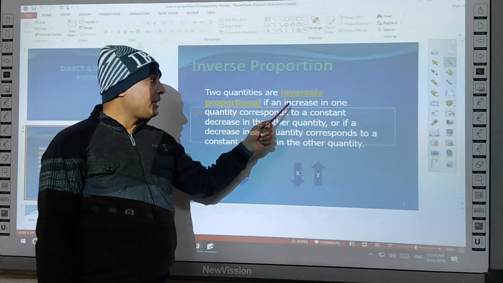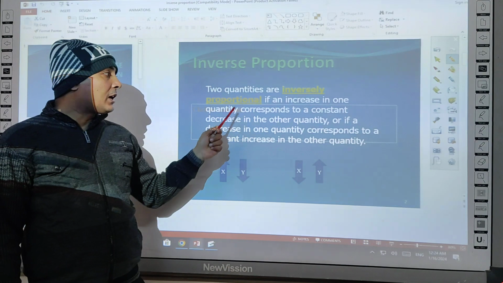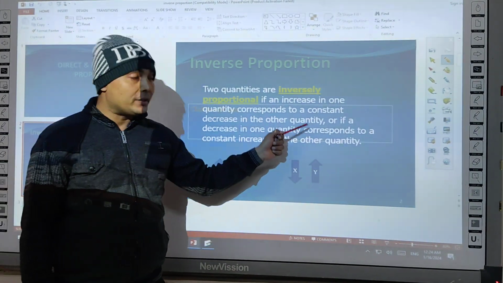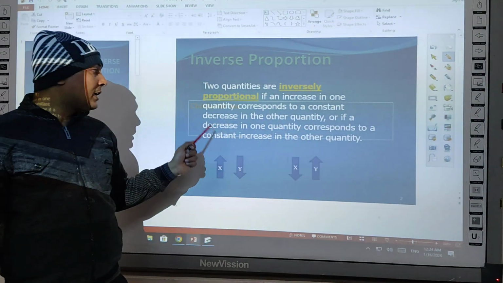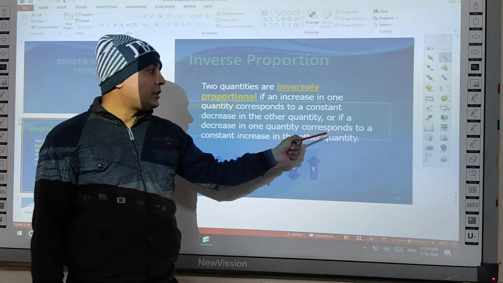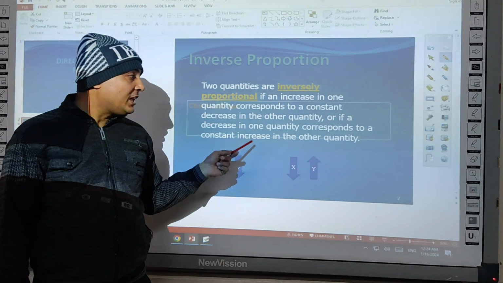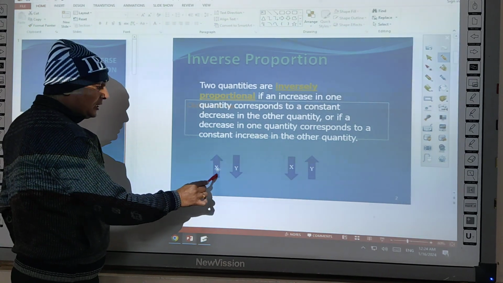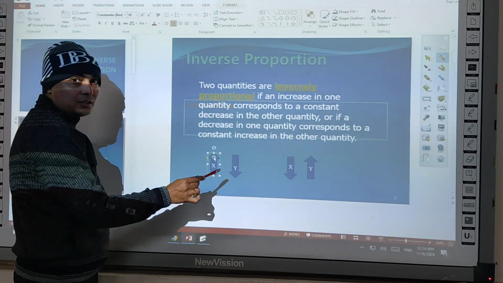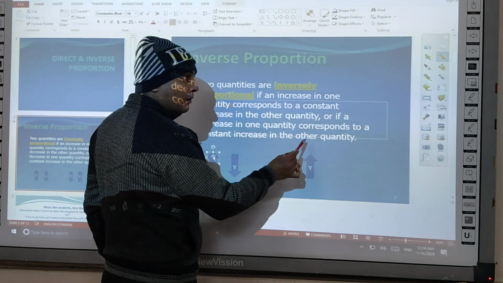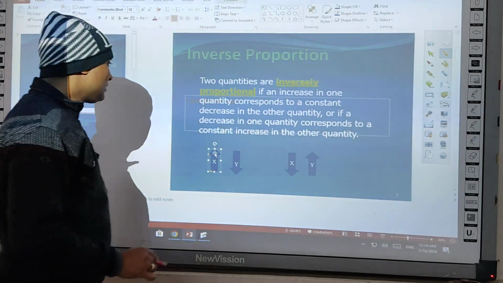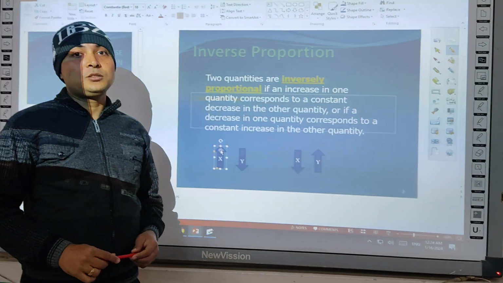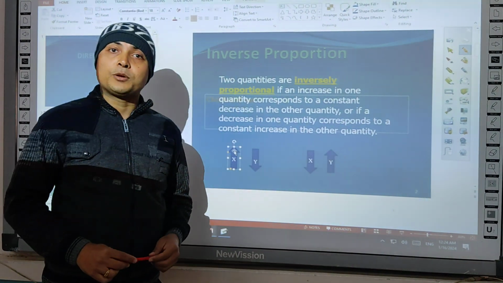If an increase in one quantity corresponds to a constant decrease in the other quantity, or if a decrease in one quantity corresponds to a constant increase in the other quantity, it means if one is increasing, the other is decreasing, and if one is decreasing, the other is increasing. This type of relation is known as inverse proportion.